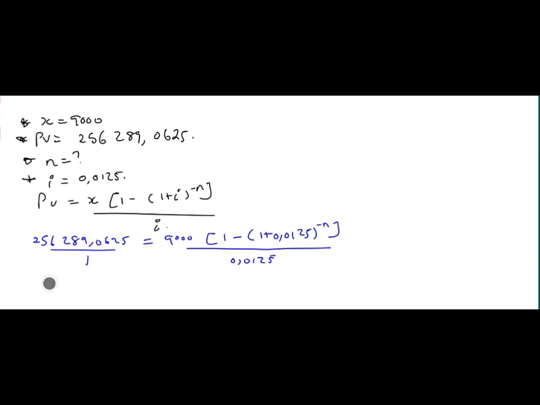So it's going to be a little hefty, so I'm just going to cross multiply. I'm going to have 256,289.0625 multiplied by the denominator there, 0.0125, and I'm going to divide that by the 9,000 there, and that's going to be equated to this square bracket here, 1 minus 1 plus 0.0125 power minus n.